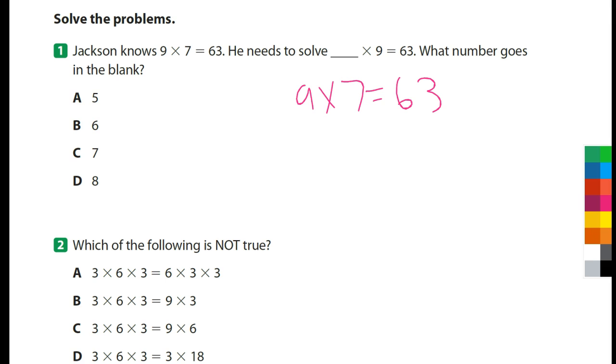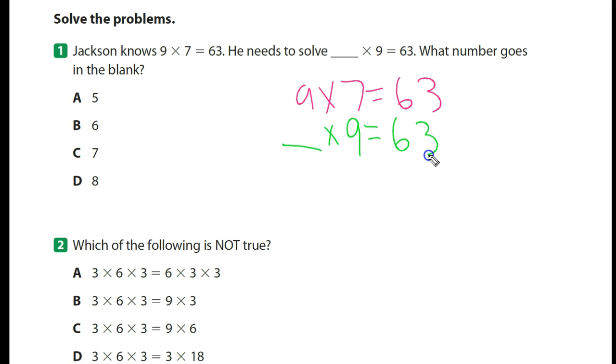Well, he wants to know what blank times 9 equals 63. Let's see. He has 63 and 63, and he has 9 and 9. So what should go in the blank? 7.